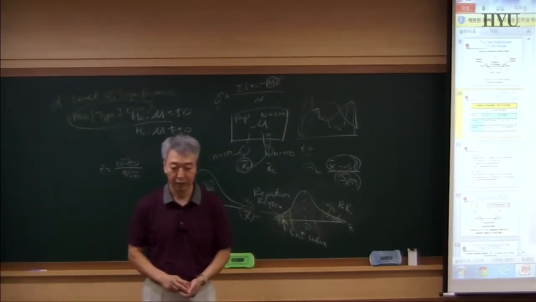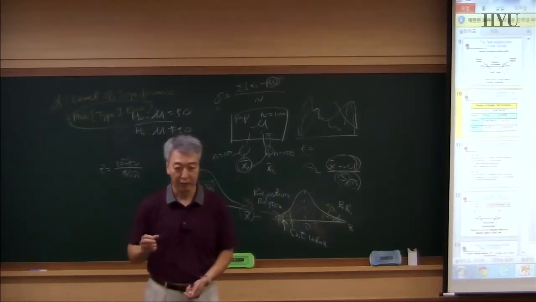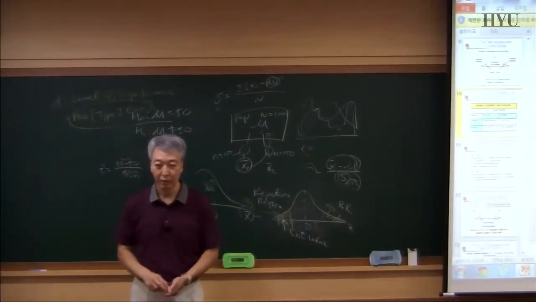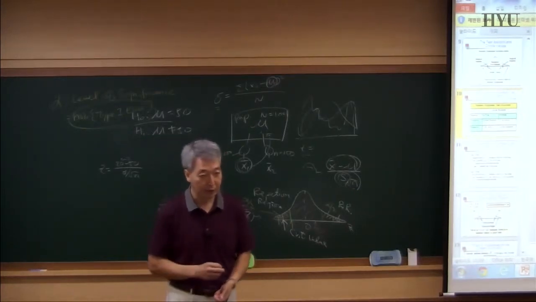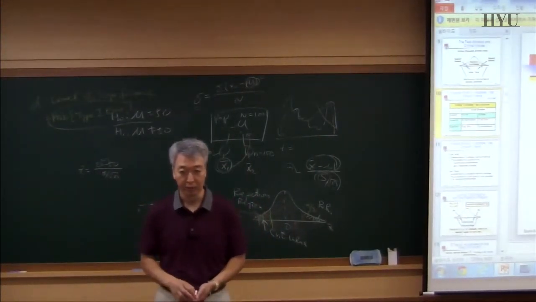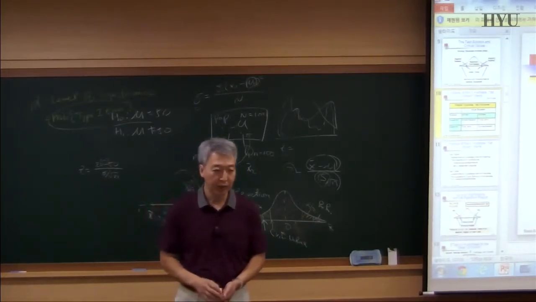Because again, we are dealing with a sample. So if you say accept the null hypothesis, then you are risking the possibility of type 2 error. Type 2 error is an error of accepting the null hypothesis when in fact it is false. Unfortunately, there's nothing we can do.